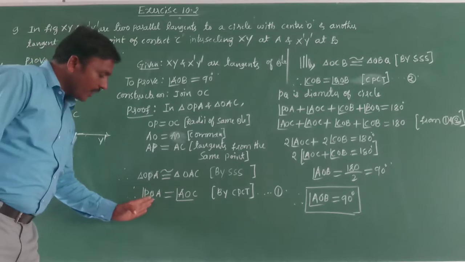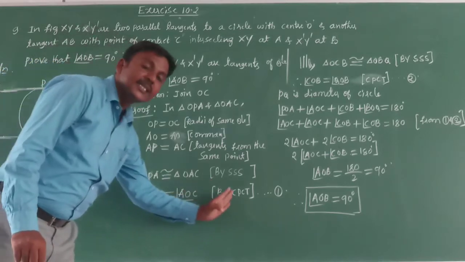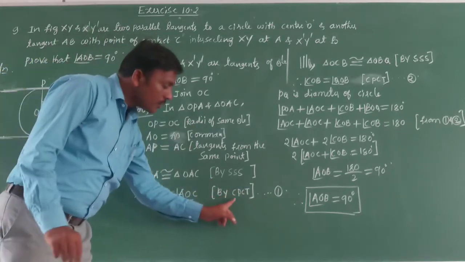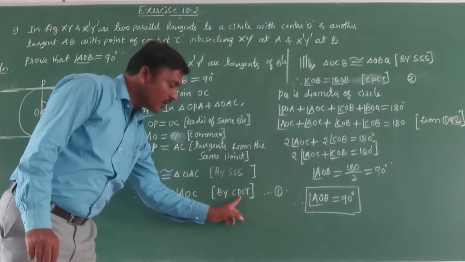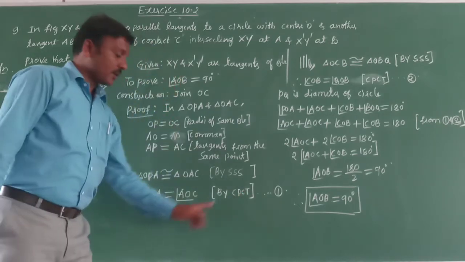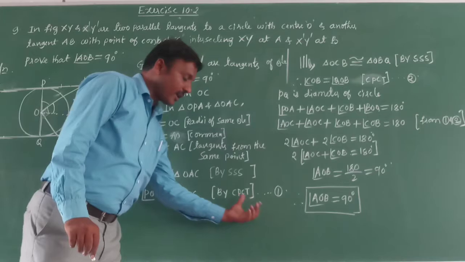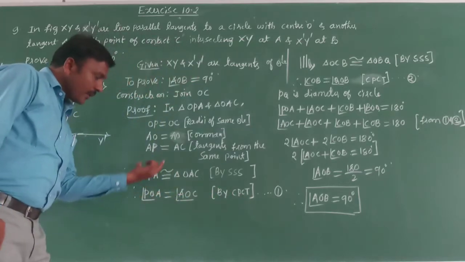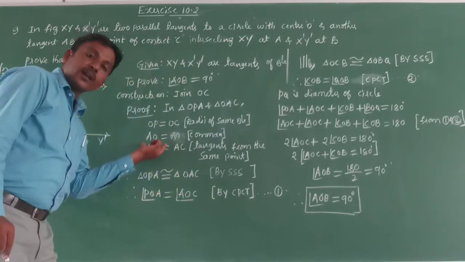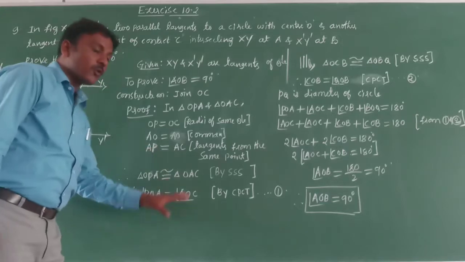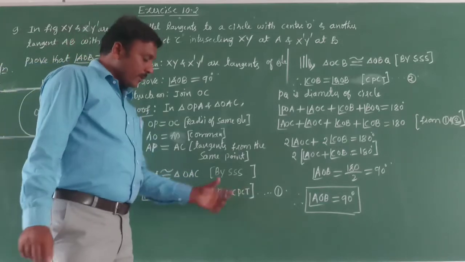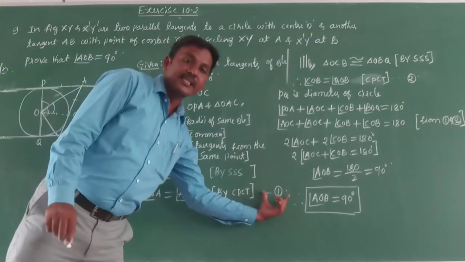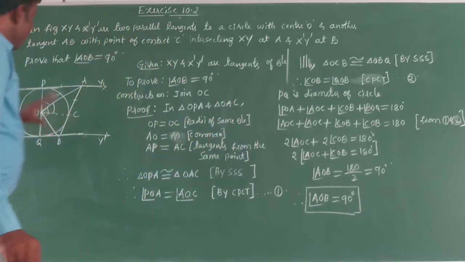So angle POA is equal to angle AOC by CPCT, that is, corresponding parts of congruent triangles. Already we have learned this one. So by using that one, we take this as equation number 1.